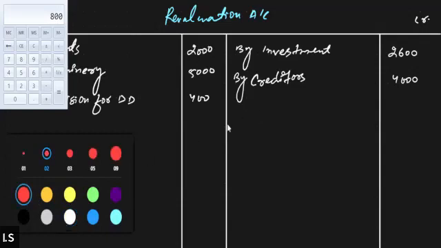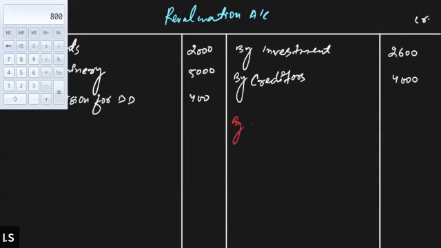So loss is to be recorded on the credit side. We will write it this way: by loss transferred to.